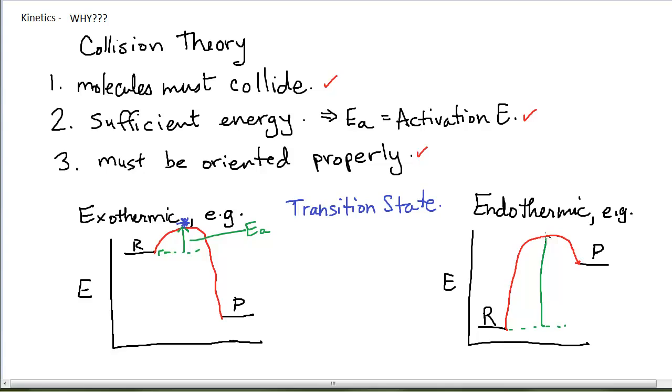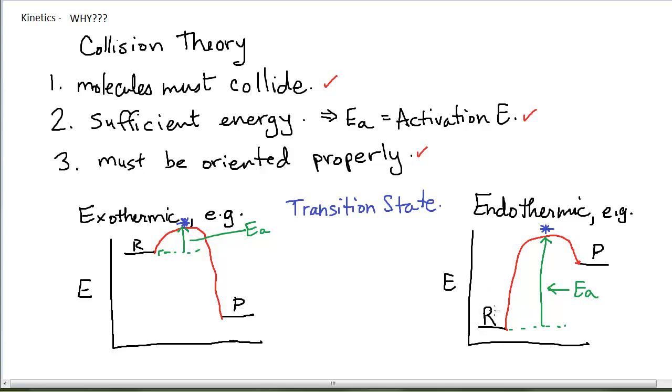So my activation energy is always defined as the energy between my reactants and that transition state, that peak in the energy curve. In this case, my activation energy is this distance. I could calculate it if I had my axes labeled, if I had actual graph paper and numbers on them.